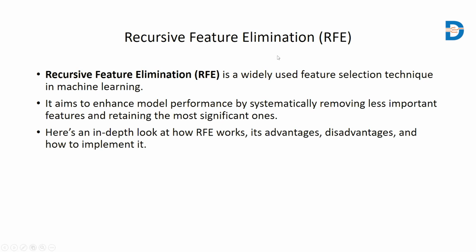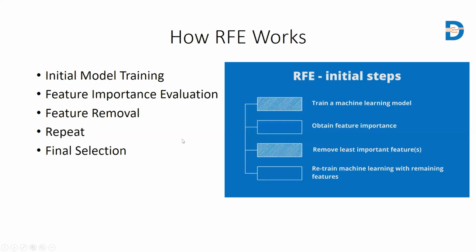Here is an in-depth look at how RFE works. Its advantages and disadvantages we will see in the next slides, along with the implementation. Okay, how RFE works. These are the steps. What is the first one? Initial model training. First, they will train a machine learning model.